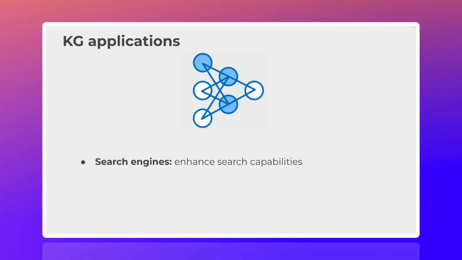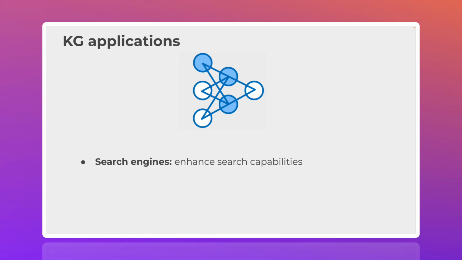Now let's talk about the applicability or the applications. Where are knowledge graphs used, or where can they be used? Knowledge graphs have been around for a very long time. In fact, all of that comes from mathematical graphs, the concept really. And there is a lot of applicability when it comes to knowledge graphs. You can use knowledge graphs in search engines.